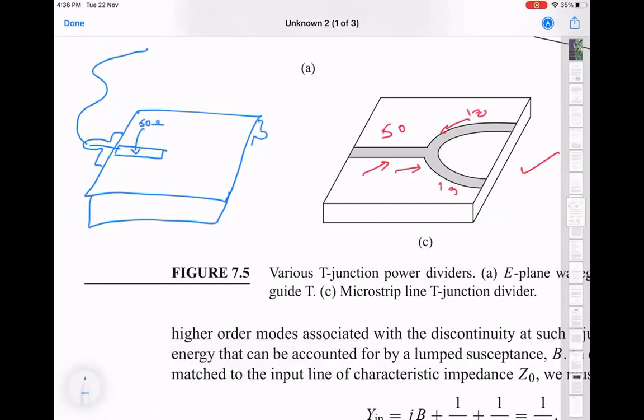So again, a connector here, some launch here, a 50 ohm. I should maybe write Z0 equal to 50 ohms. So it's a transmission line with characteristic impedance 50 ohms. And I'm going to do the same thing over here.